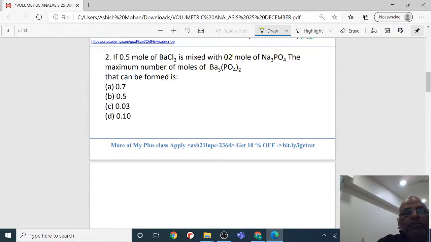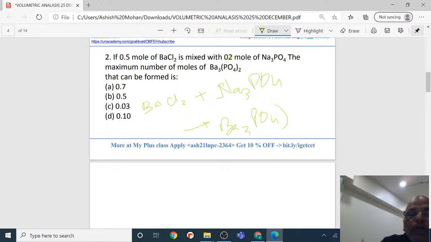If I tell you BaCl2 when it reacts with Na3PO4 gives you Ba3(PO4)2 plus 6 NaCl.